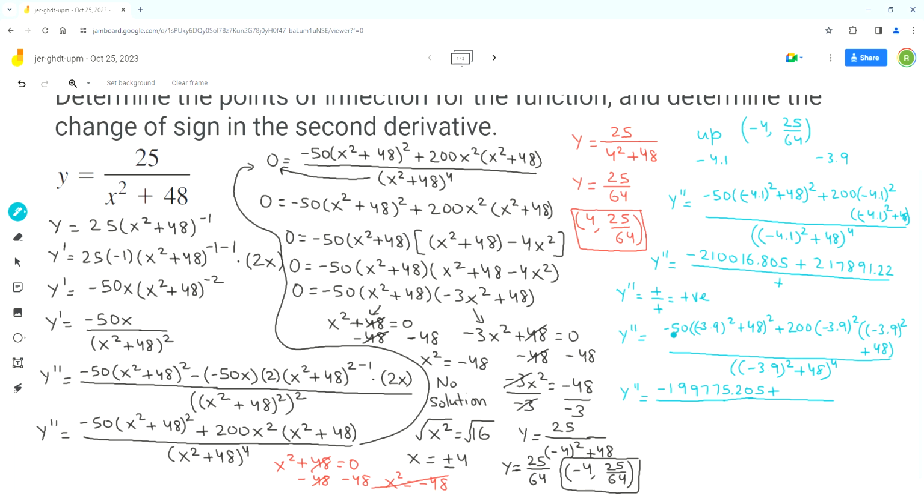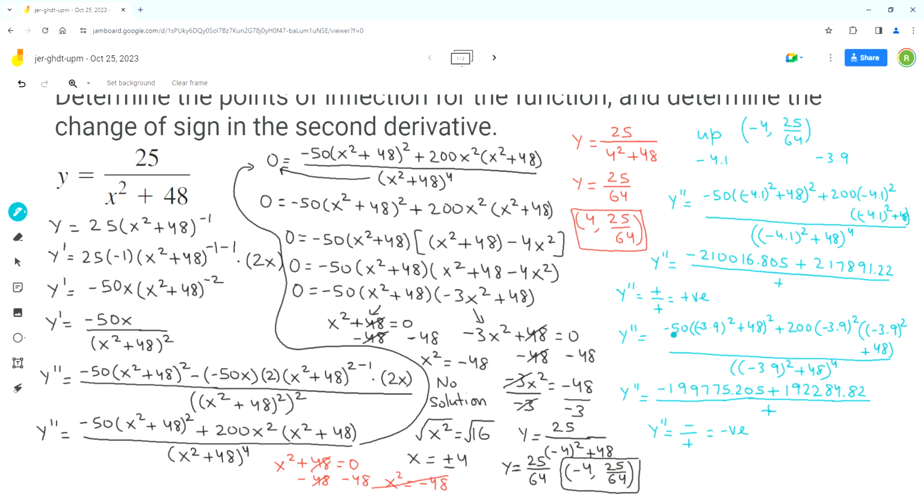So I got 192,284.82 over a positive value. So in the numerator, we'll get a negative value. So negative over positive will give us an overall negative value.